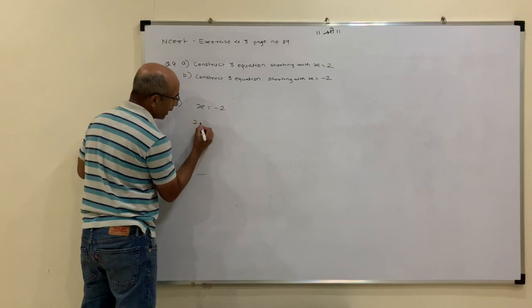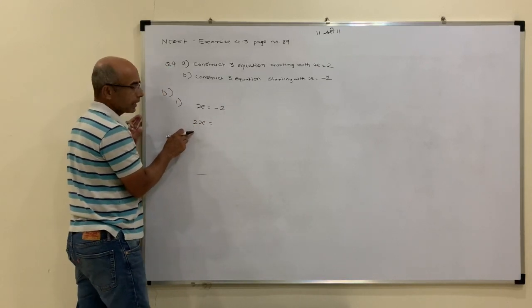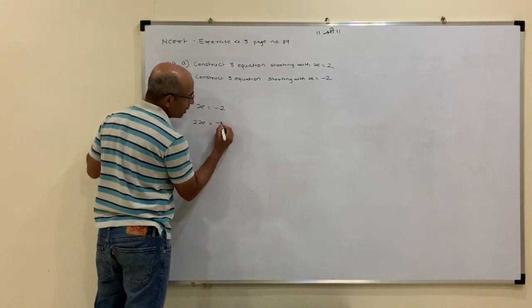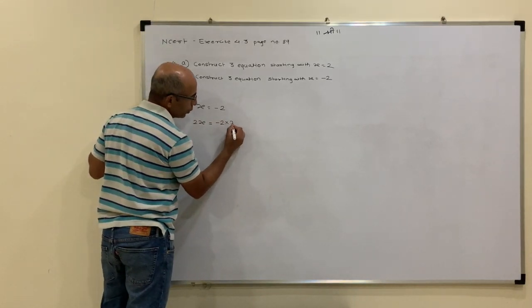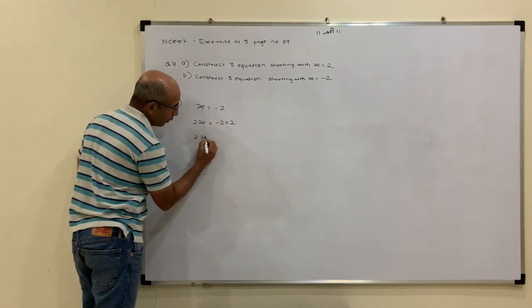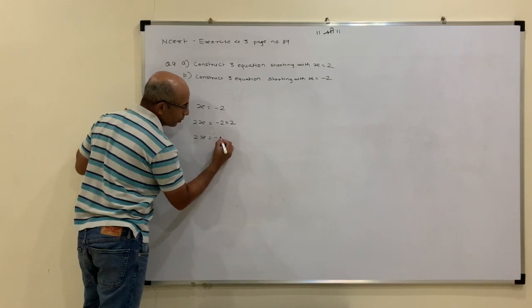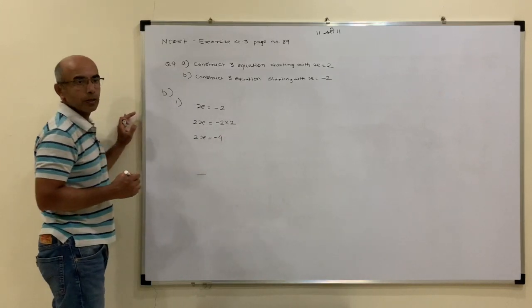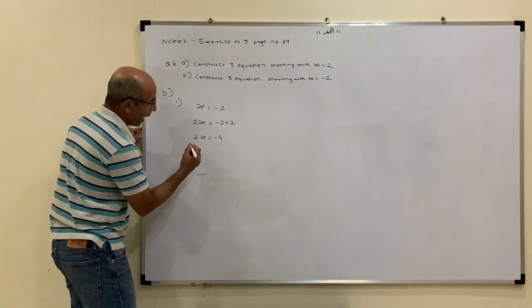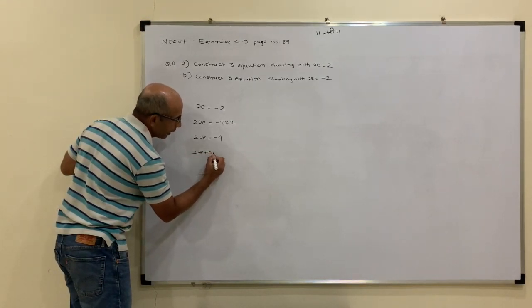Now I am multiplying 2 to x. Since I am multiplying on the left hand side, I will have to multiply on the right hand side, minus 2 into 2. So my next step will be 2x equals minus 2 into plus 2, which comes out to be minus 4. Now I am adding 5 to the left hand side, 2x plus 5.